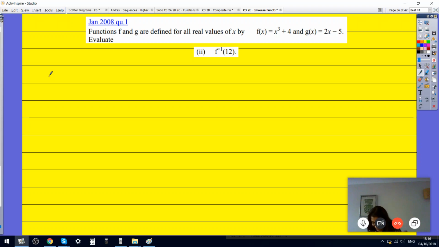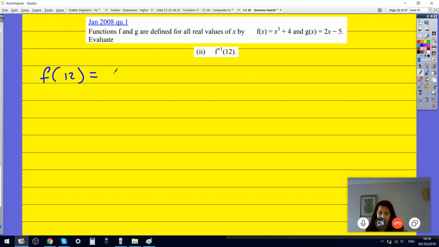Oh, okay, go on, do what you were doing. F of 12 equals? Okay, so 12 is equal to x cubed plus 4. Right.